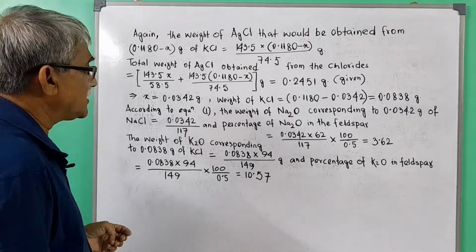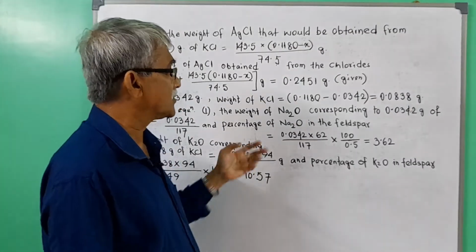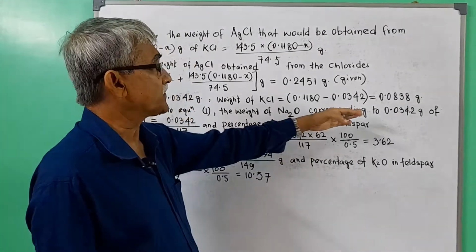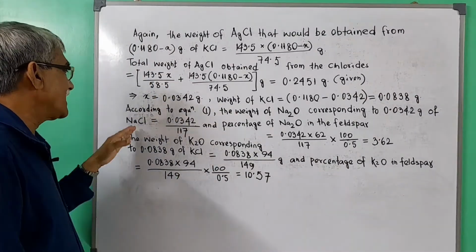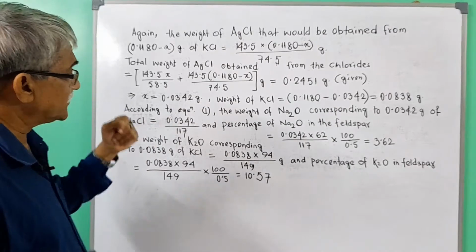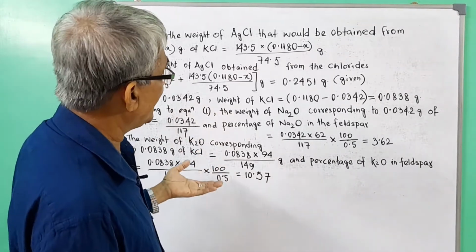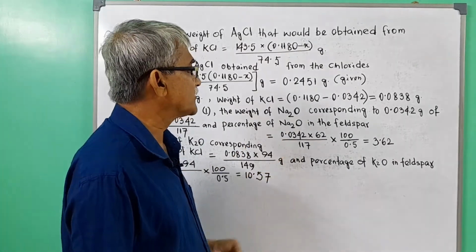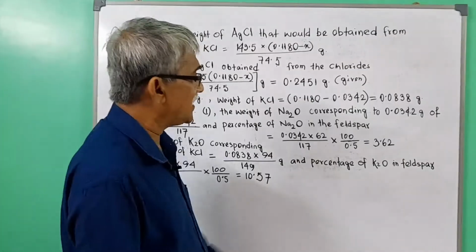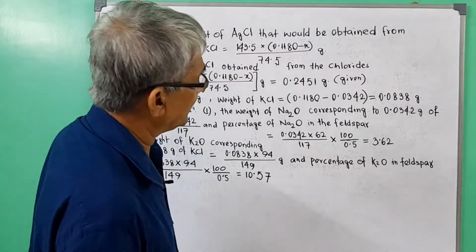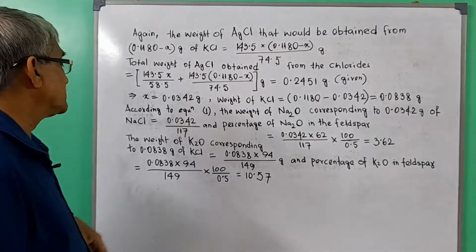Now, according to equation 1, the weight of sodium oxide, Na2O, corresponding to 0.0342 gram of sodium chloride is 0.0342 into 62 upon 117, and naturally the percentage will be 0.0342 into 62 by 117 into 100 by 0.5, and that happens to be 3.62. So this is the percentage of Na2O in the feldspar.